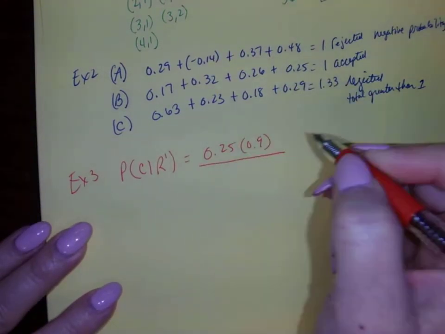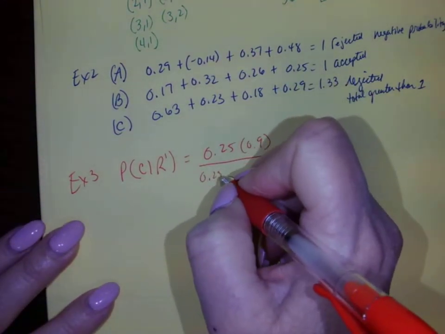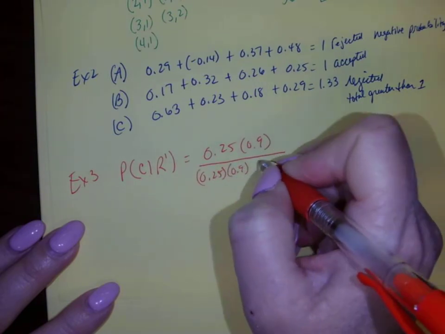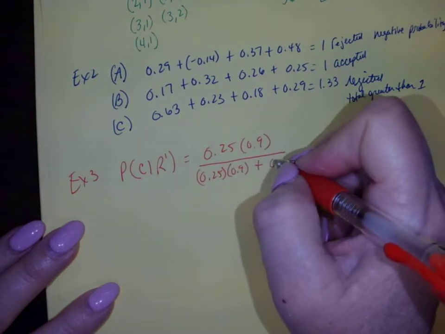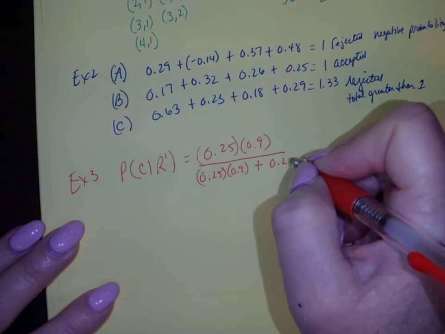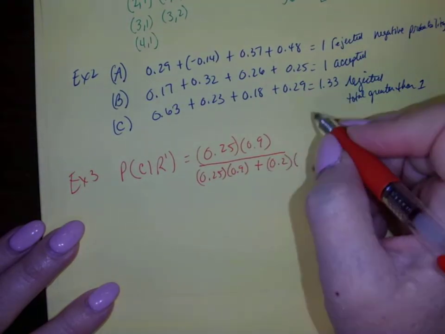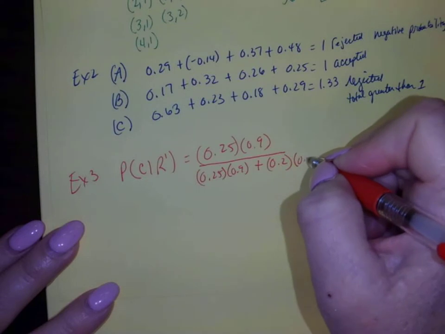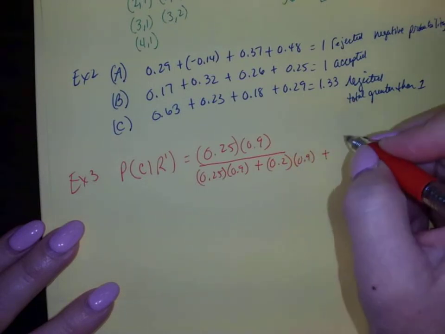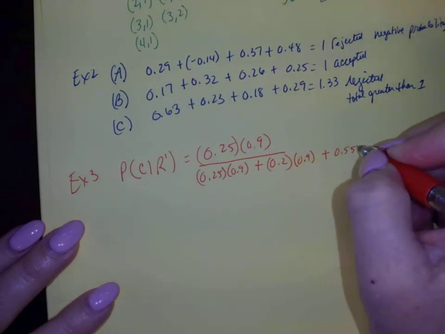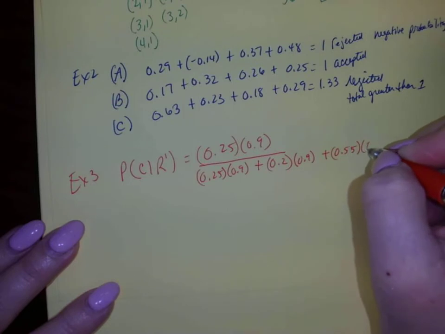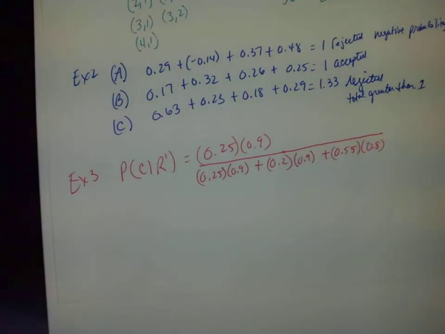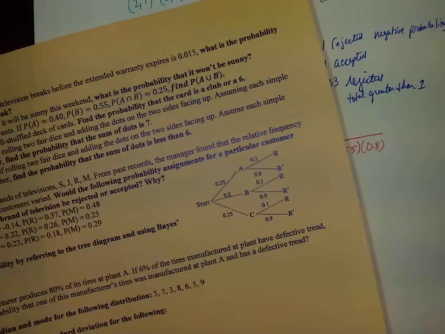And on the bottom, we will have our 0.25 times our 0.9 plus 0.2 times 0.9 plus 0.55 times 0.8.